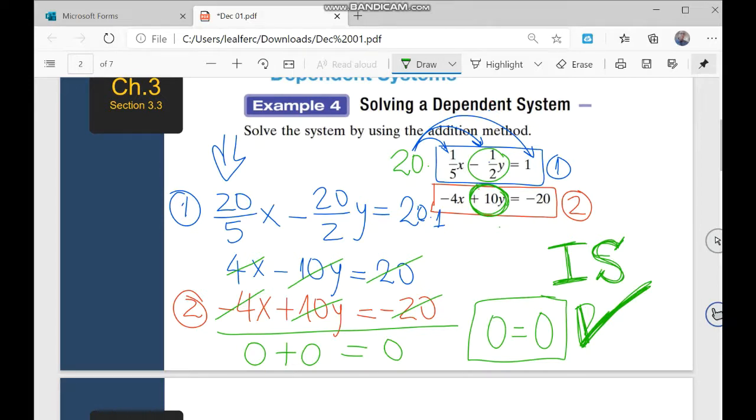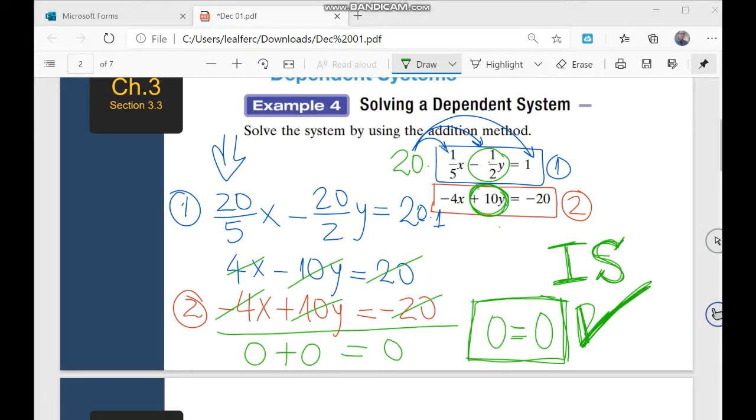We realized that this is a dependent system because after trying to solve it, we found a true statement, 0 equals 0. It can be 0 equals 0, 1 equals 1, 5 equals 5, negative 10 equals negative 10, 1 million equals 1 million, doesn't matter. If you have a true statement, yes, it is infinitely many solutions.